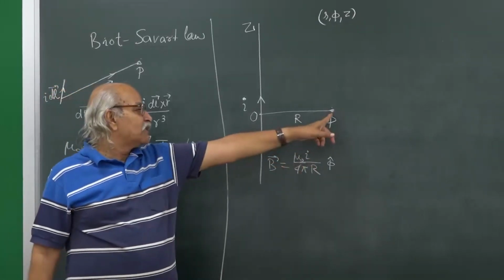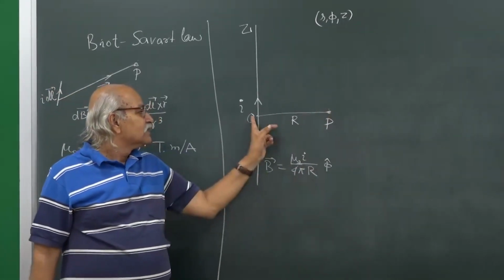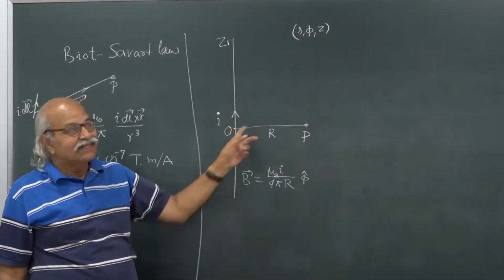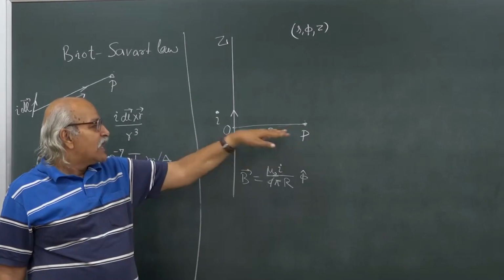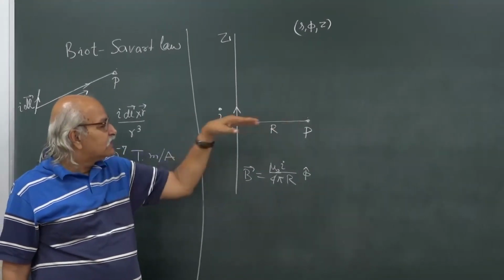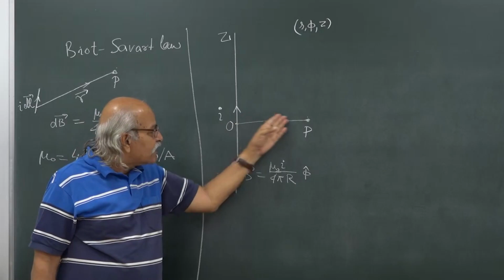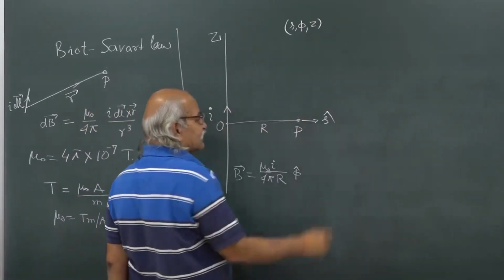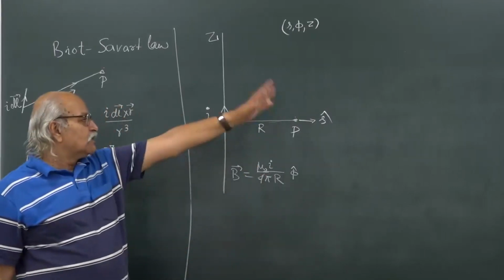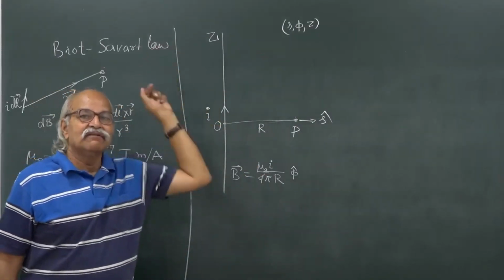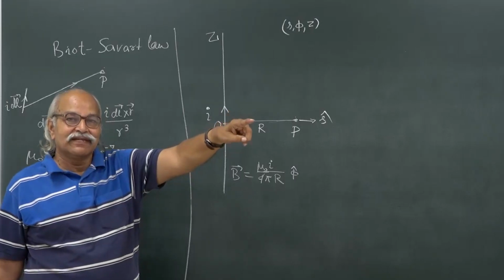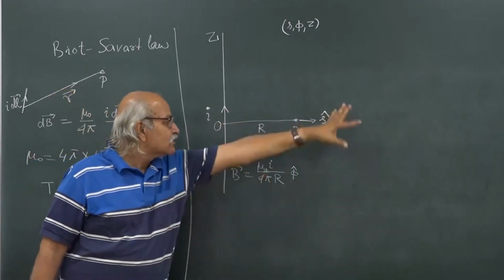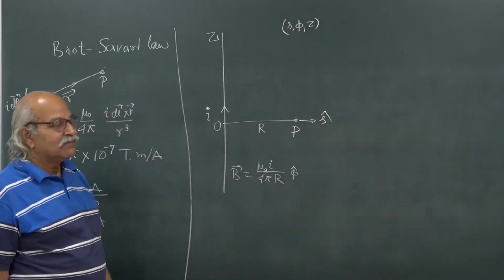If I take this point P, then this r is our s coordinate: the perpendicular distance from the z axis. The unit vector in the direction of that perpendicular is the s vector. Wherever you take the point, you will have a different s vector. Drop a perpendicular from the point and extend it on the other side, and that is the s cap direction.